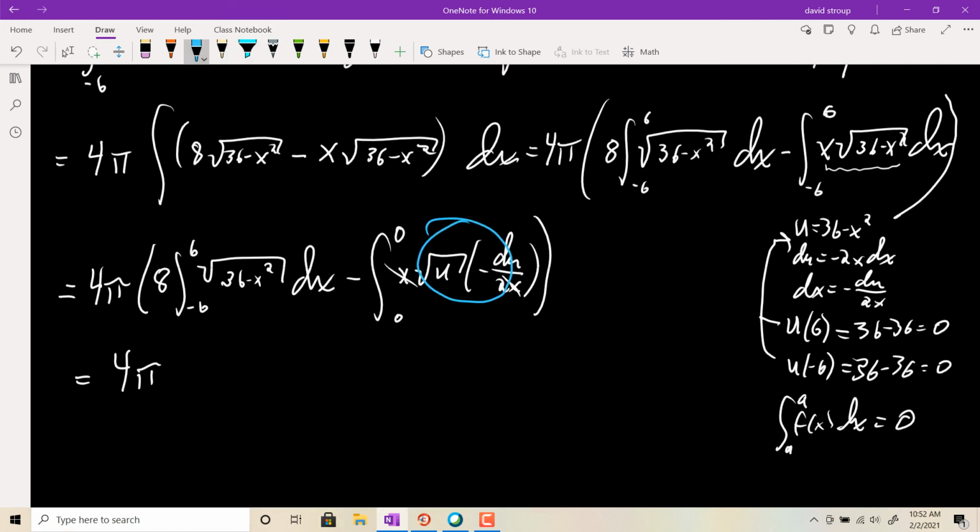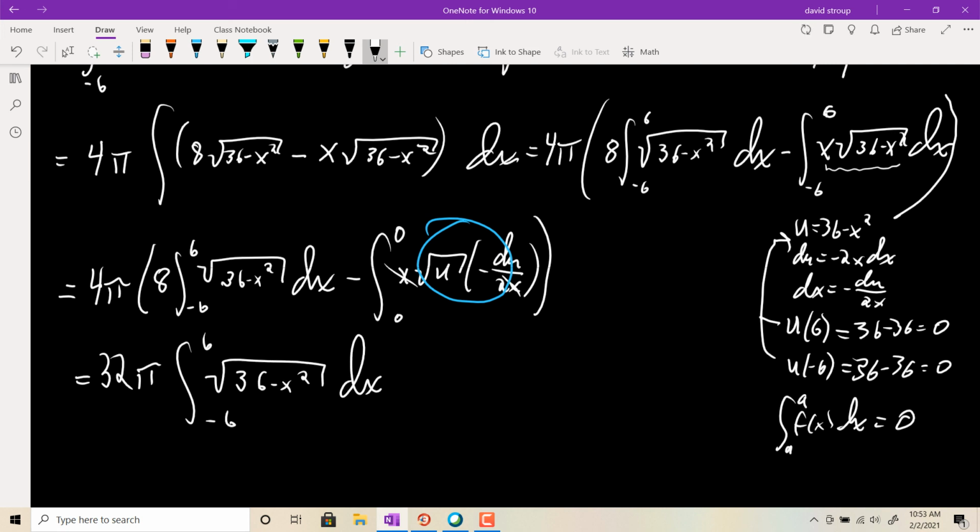That first integral then is the troublemaker now, right? So we have 4 pi times 8 times the integral. Let's rewrite that as 32 pi, 8 times 4, 32 pi times the integral of -6 to 6 of the square root of 36 minus x squared dx.